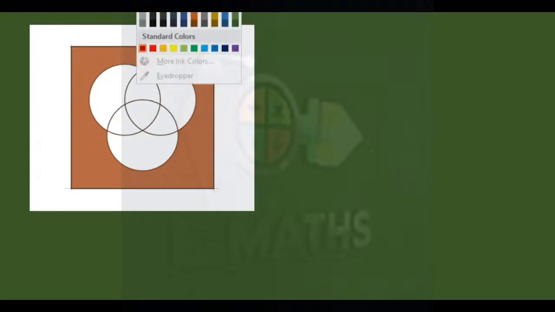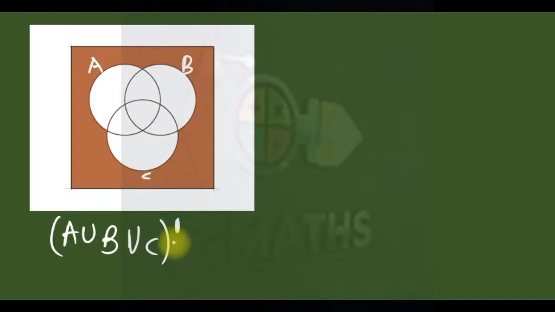If we label this to be A, B, and C, you notice that the shaded regions are the elements outside A and B and C that are joined together. So we can write this as A union B union C when it is shaded. All these places are shaded. But since we are not looking at that, this is the prime. So that's it. That is how to draw a Venn diagram.